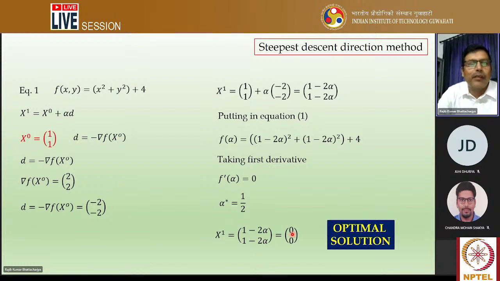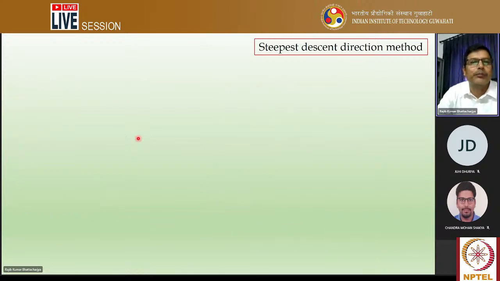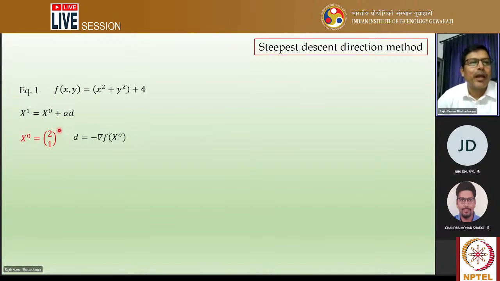Now I would like to show you what will happen if you change the initial solution. As I said, this is a convex function, and therefore if you change your initial solution, you will still get the same optimal solution. Let us try a different initial solution, (2, 1).